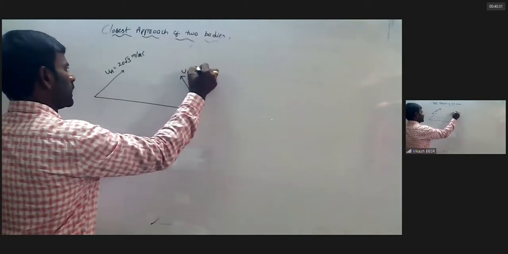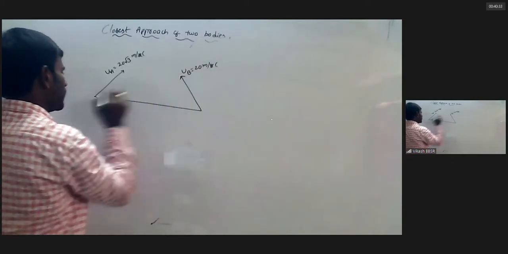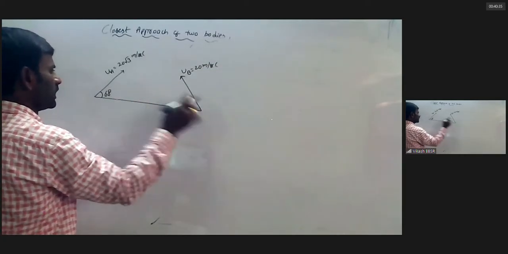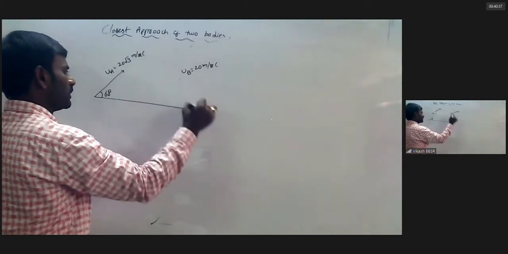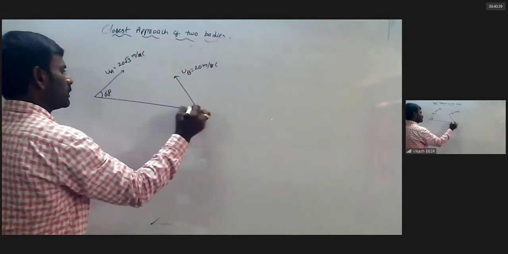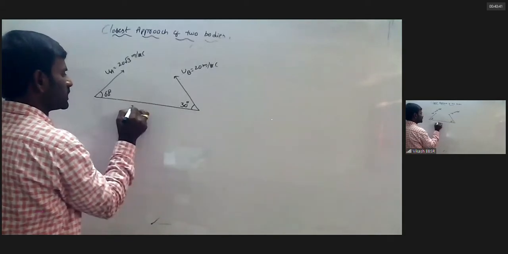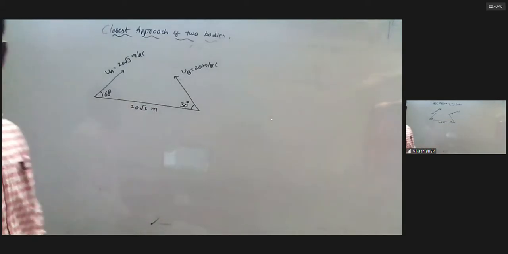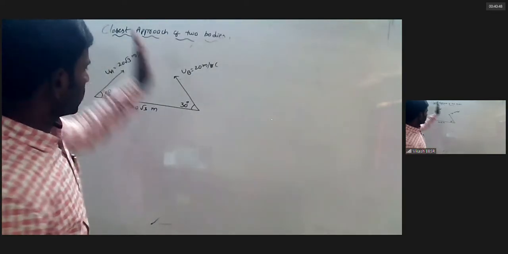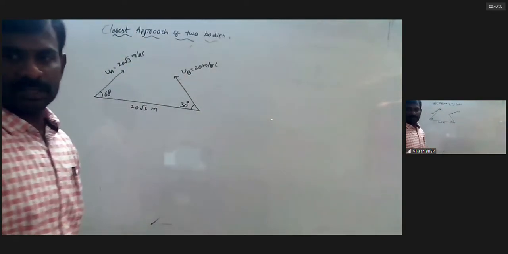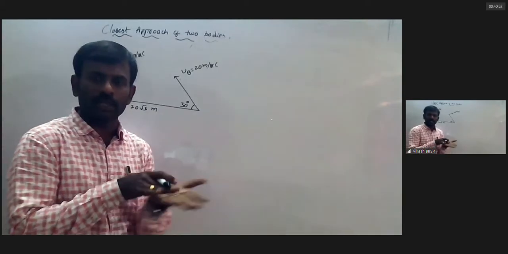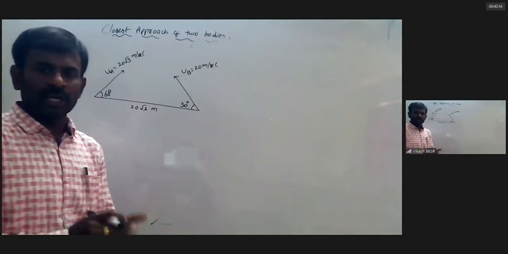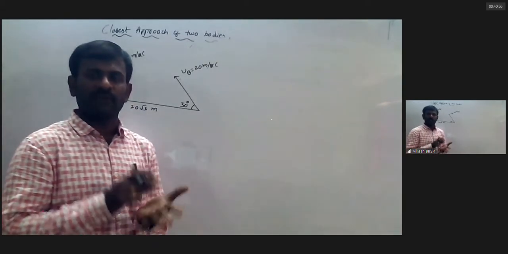UB equal to 20 meter per second. Here the angle given is 60 degree, and here the angle given is 30 degree. This distance is 20 root 3. This is moving like this, this is moving like this. Then how do we determine the closest approach? Only based on the concept of relative motion.